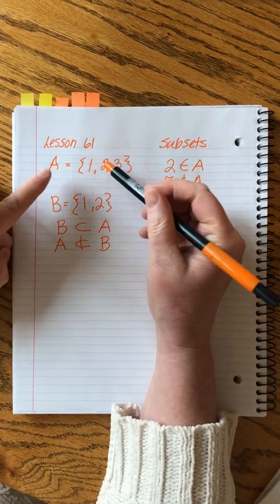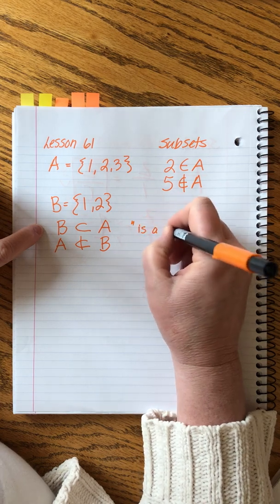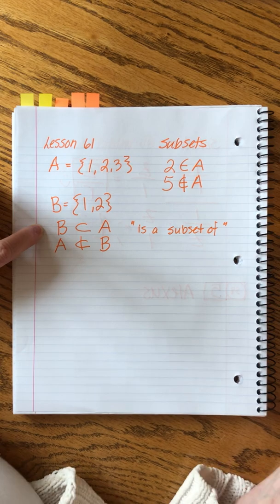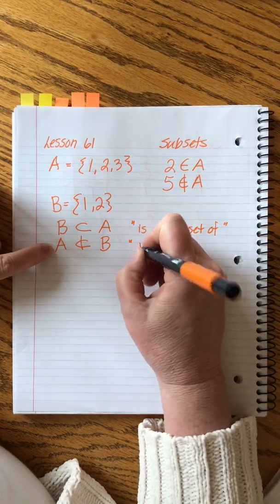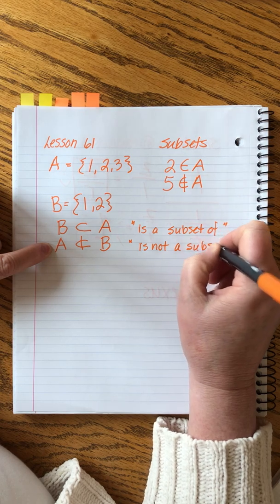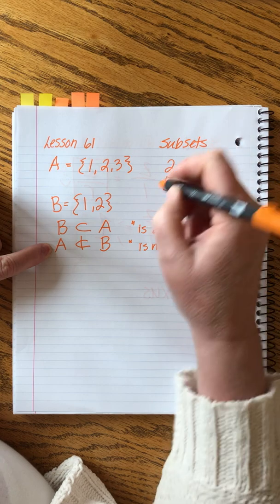Because everything in B fits into A. So B is a subset of, and this one, A, is not a subset of.